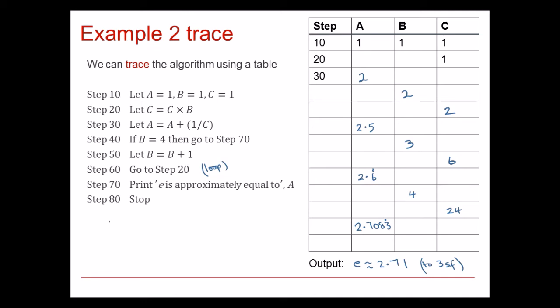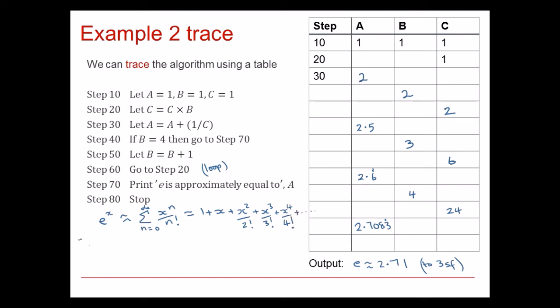Some of you may be wondering how e is calculated in this way. There is a series that you won't have met yet, which says that e to the x is approximately the sum from 0 to infinity of x to the n over n factorial, which would give us 1 plus x over 1 factorial, which is just 1, plus x squared over 2 factorial, plus x cubed over 3 factorial, plus x to the 4 over 4 factorial, and so on.